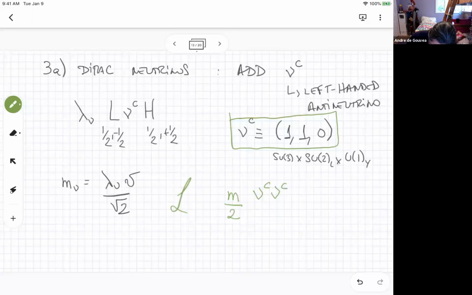So that means I could write down in my Lagrangian a term that looks like this. And if you allow for this possibility here, then, as I'm going to talk about probably on Friday, if this M is not 0, then the neutrinos are not Dirac fermions.